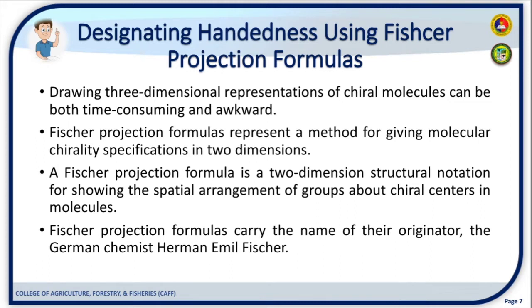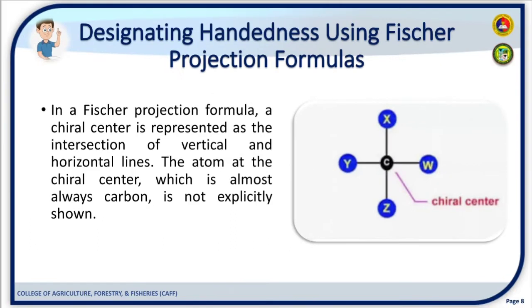Fisher projection formulas carry the name of the originator, the German chemist Hermann Emil Fischer. A Fisher projection consists of both horizontal and vertical lines, as you can see in the diagram.